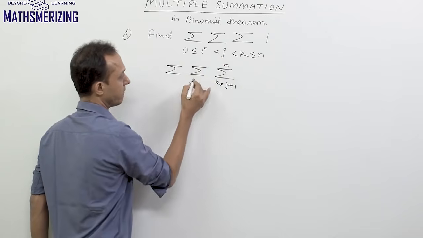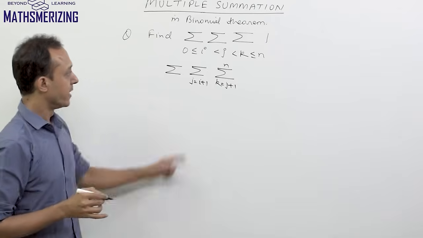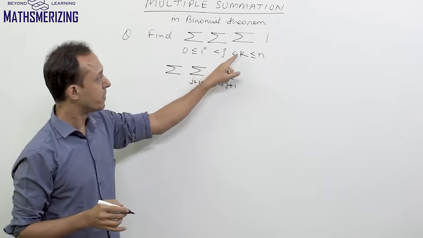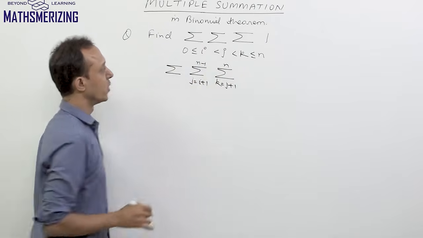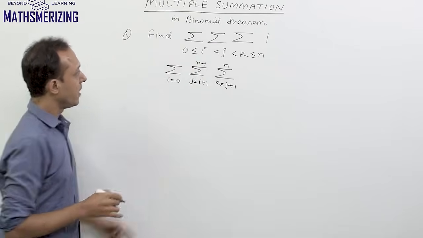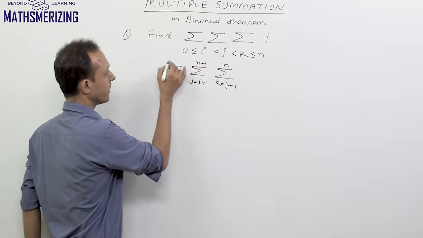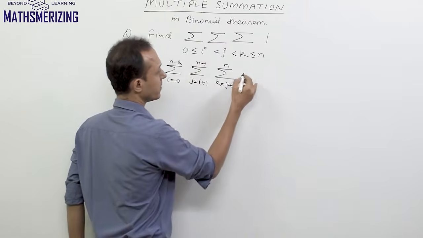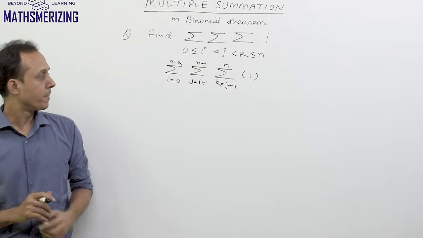Now the value of j is greater than i, so we'll start with i plus 1, and the maximum value is j should be less than k, so here it will be n minus 1. The minimum value of i will be 0, and its maximum value should be less than the maximum value of j, so it should be n minus 2, and we need to find this triple sum of 1.